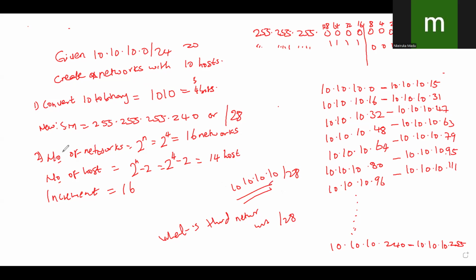So now I ask you what is the network ID or the broadcast ID of this IP address. Or they will give you a subnet and ask what is the fifth or the first usable IP in this network.